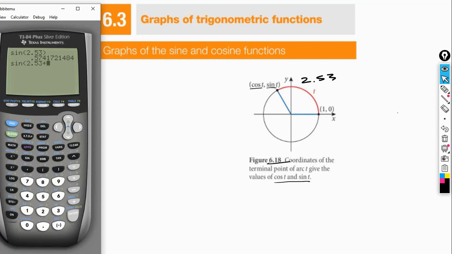Now, because sine and cosine are periodic functions, what would happen if we do sine of 2.53 plus 2 pi? Notice that we get exactly the same result. What happens if we do the same thing, so sine of 2.53 plus 4 pi?